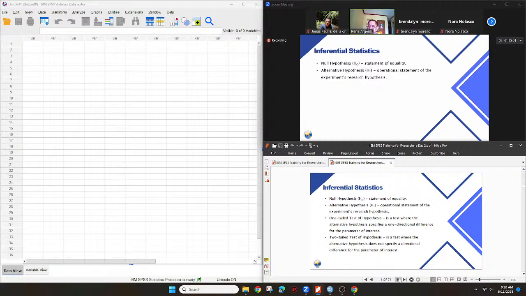The research hypothesis is based on the literature review that they did, and what they have found out. For example, you have to review articles related to your study on a particular variable, and if most of the studies that you have reviewed specify that there is a relationship, it means that your hypothesis should be there is a relationship. In this case, you will call it a research hypothesis.